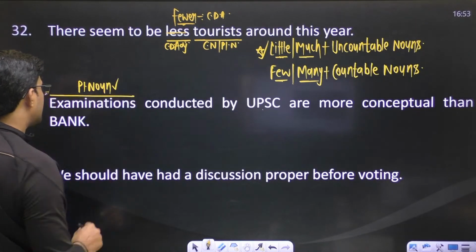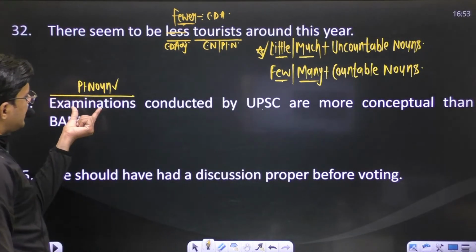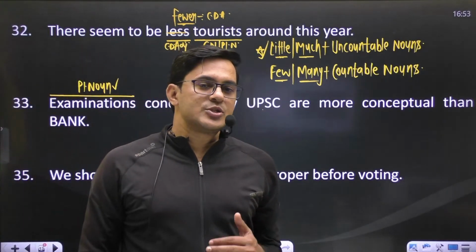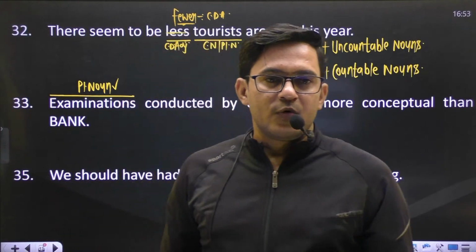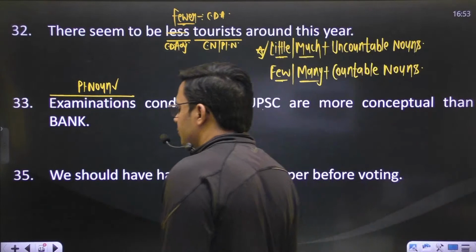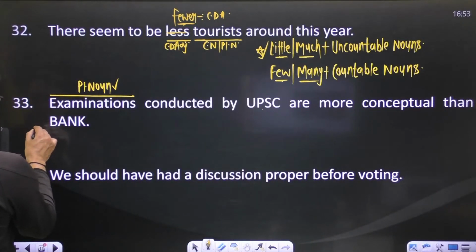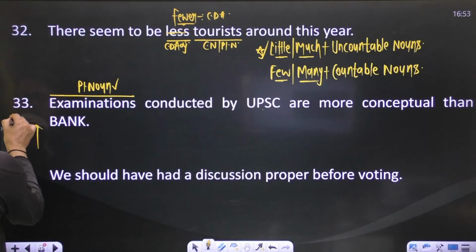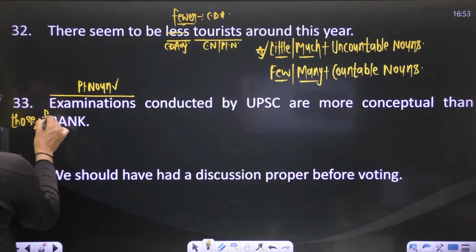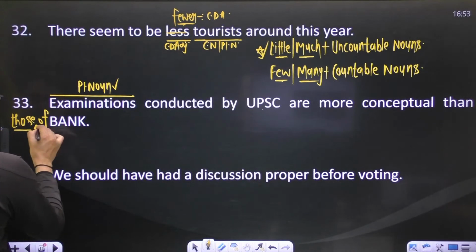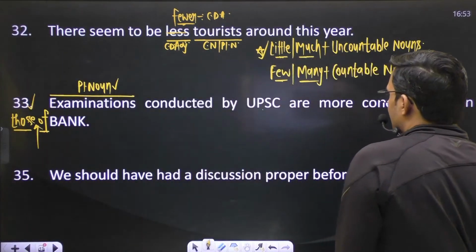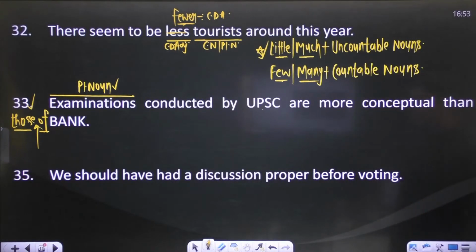And make sure, to demonstrate a plural noun, examinations, we need a demonstrative pronoun, right? So to add a demonstrative pronoun, speak like then those of bank. Now the sentence will be fine. Examinations conducted by UPSC are more conceptual than those of bank.